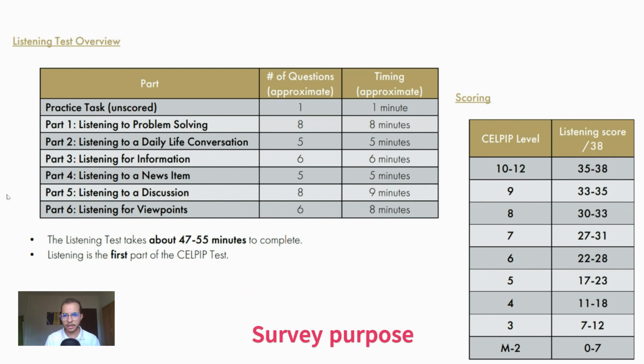So when they create the CELPIP test, they need to have resource and information on how to improve the test, and they are going to use you to help them improve. So don't be alarmed. You'll see that. What this looks like: you might do part 1 and 2, and you finish part 2, and you see part 2 again. Don't be surprised. You're doing this a second time.